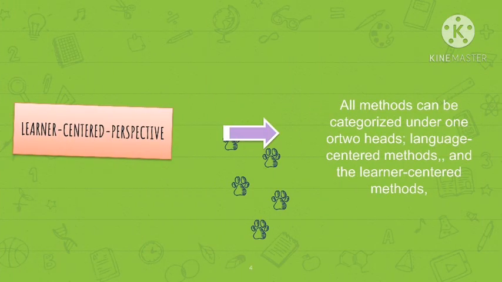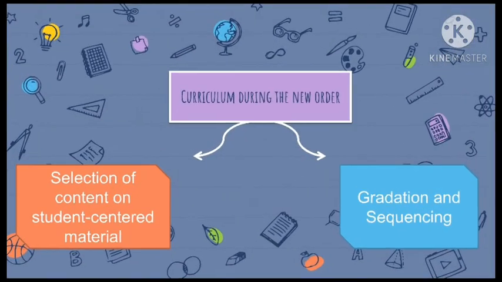Okay, now I'm going to explain the learner-centered perspective. Richards 2001 states that teaching methods are deeply rooted in syllabus or content selection. All methods can be categorized under one or two heads: the language-centered method, with content methods that are based on the theory of the nature of language, and the learning-centered method, which is based on learning process theory.